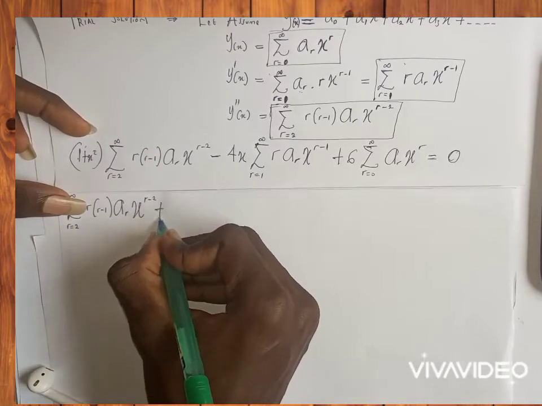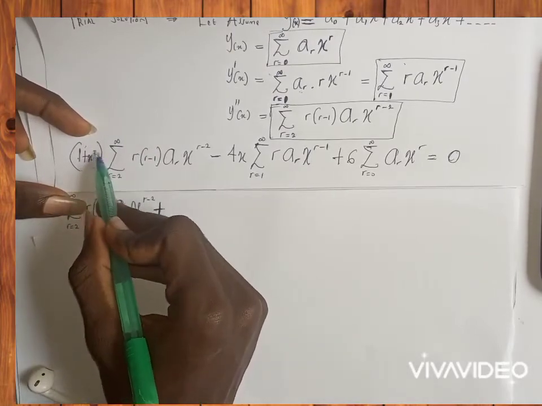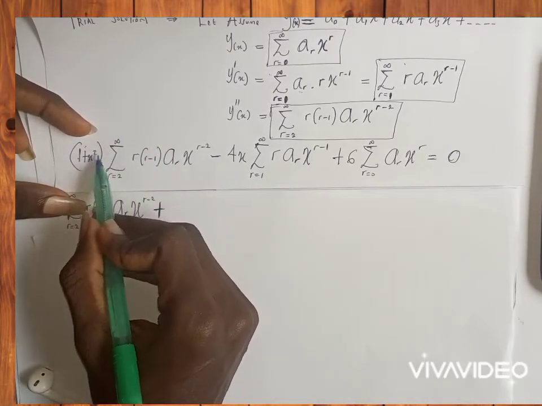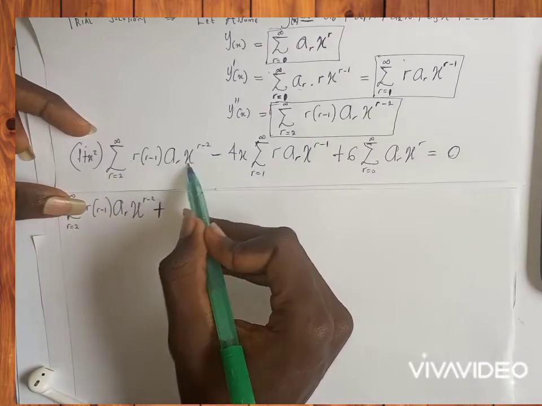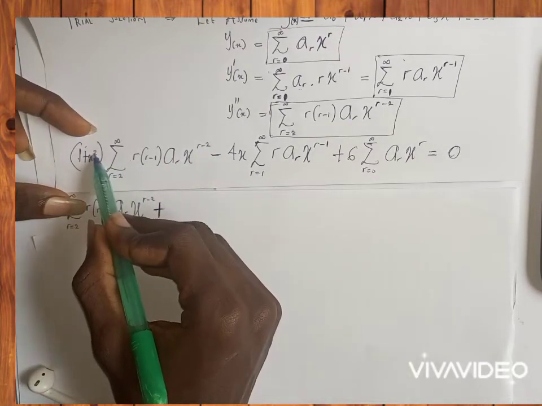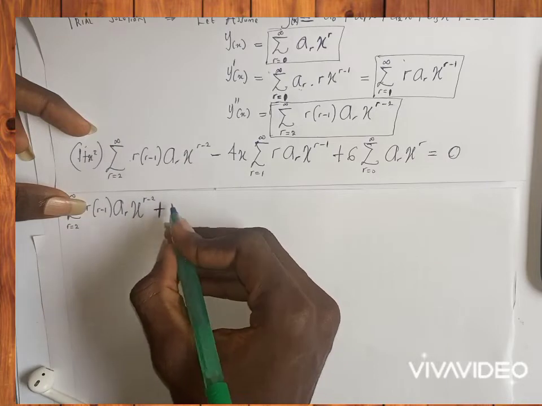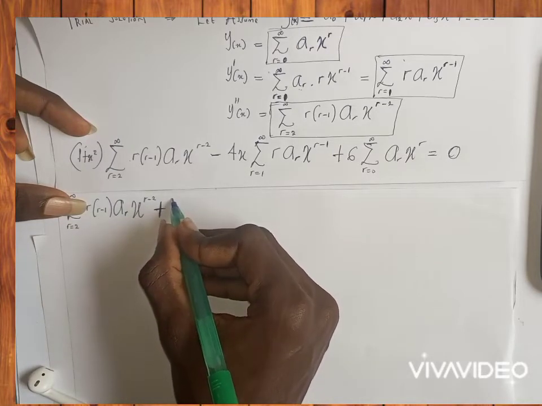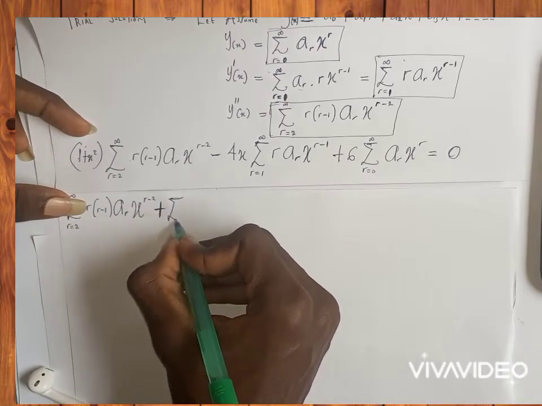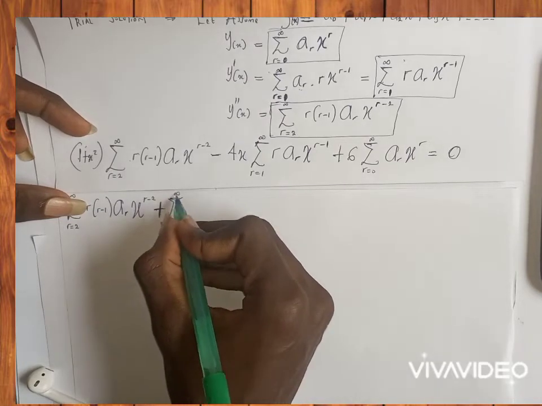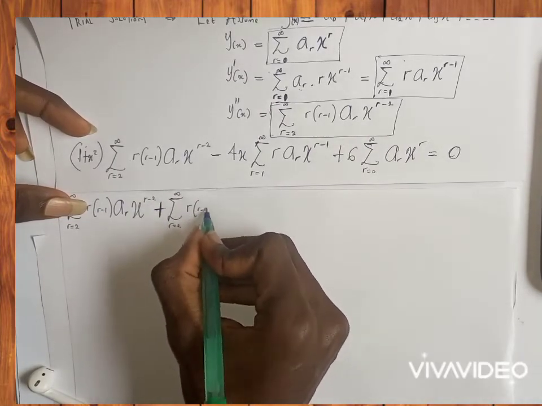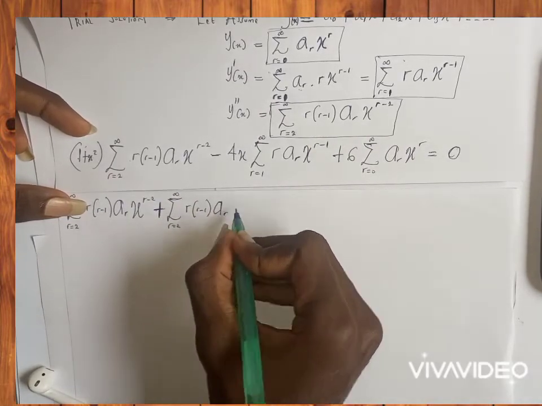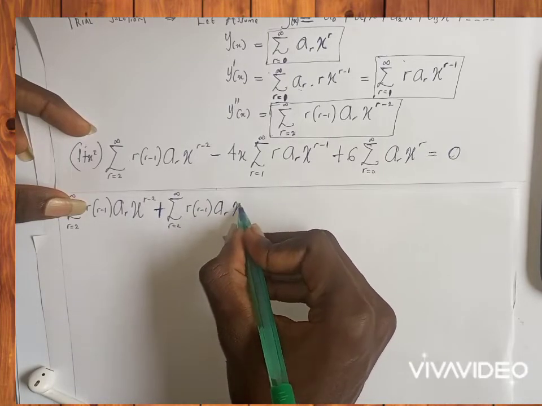Remember, this x² goes inside, so I will end up having x raised to the power of 2 + r − 2, and I will end up having the summation from r = 2 to infinity of r(r − 1) a_r x^r.